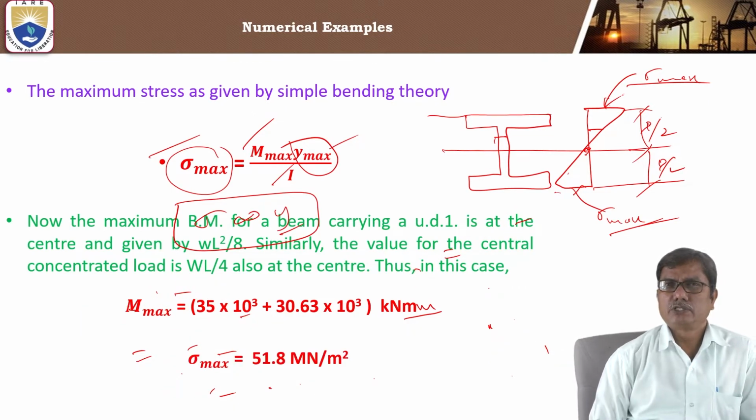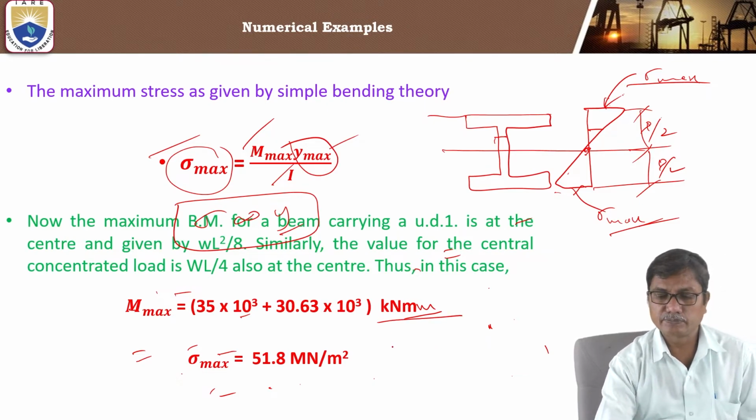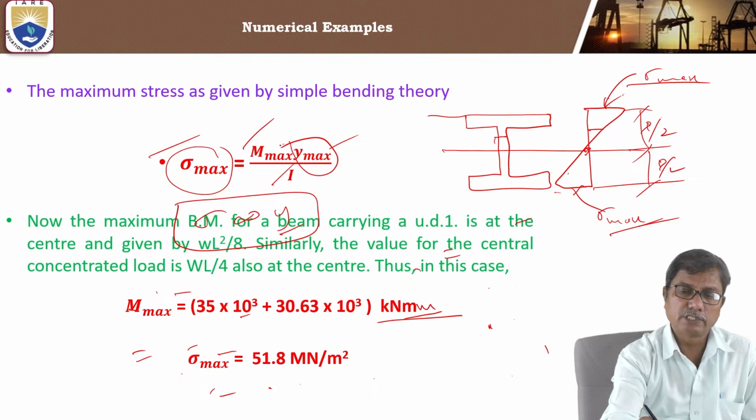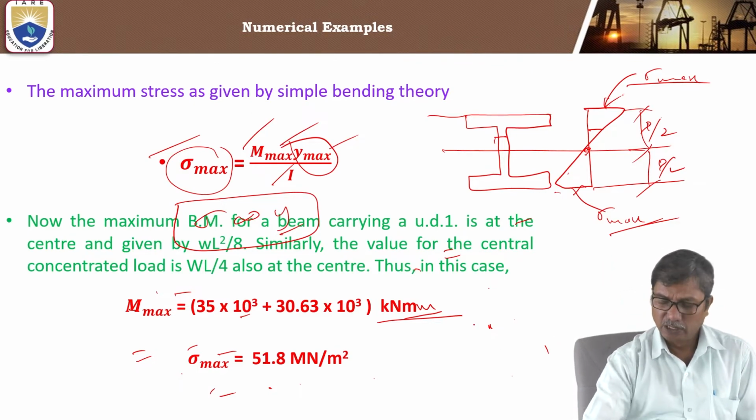Now, once you find the maximum bending moment, substitute this value in sigma maximum, which is given as M maximum into Y maximum by I. We know all the values.